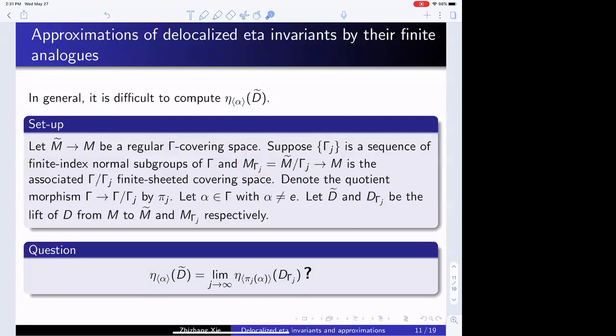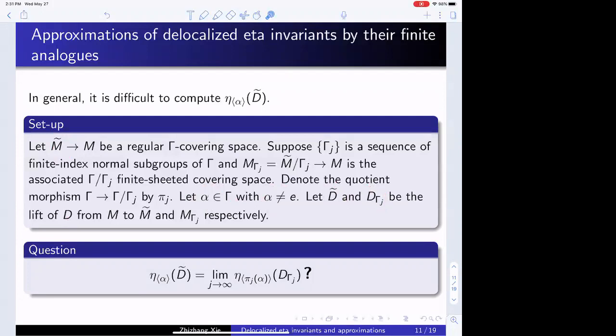Let me denote the quotient morphism from gamma to gamma mod gamma_j by pi_j. Now fix a non-identity element of gamma, call it alpha. Then on M tilde you have D tilde, which is the lift of the operator D to M tilde.